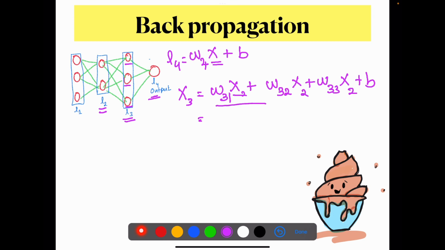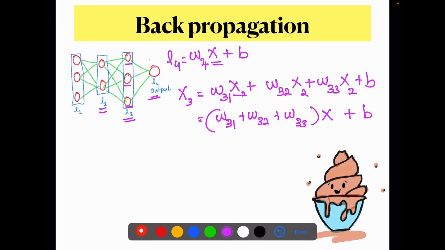We can rewrite this equation as W31 plus W32 plus W33 times X plus B. When we substitute that in our L4, I'll just substitute it here. W4 times X, this is 2 and this is 3, plus a bias. There is one more bias, but let's assume since it's just a number, any bias is just a bias.